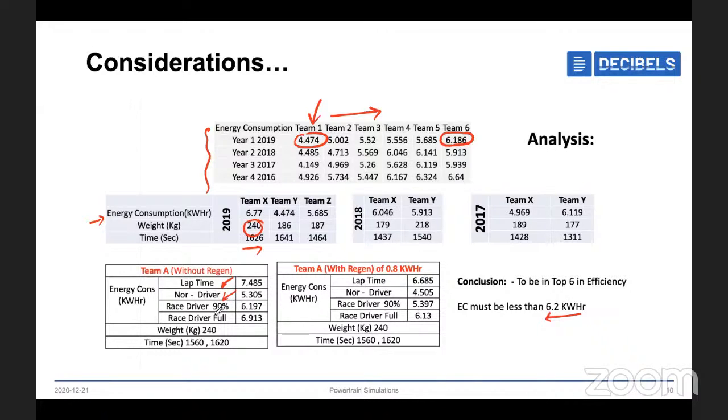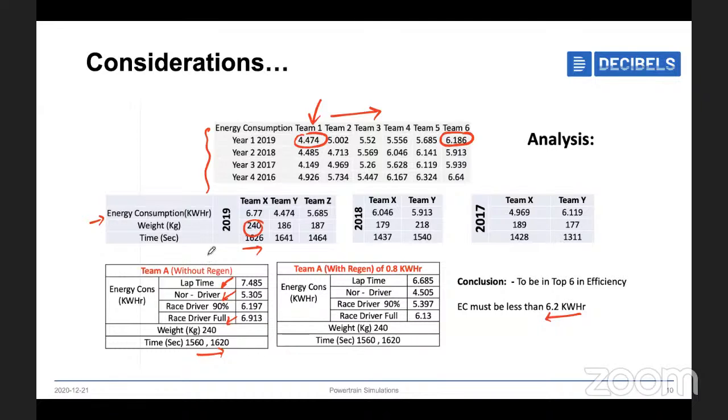When we go with lap time simulations, we get an energy consumption of around 7.485 kilowatt hour, whereas with a race driver with full capabilities, it's around 6.913. The vehicle weight is 240 kilograms, and the time is 1560 or 1620 seconds. It's around 18 to 19 laps of the race event.